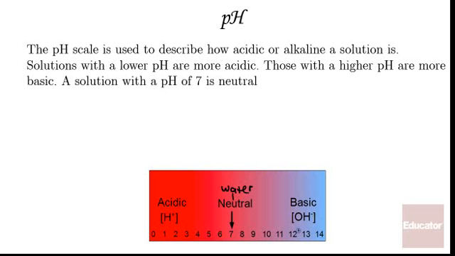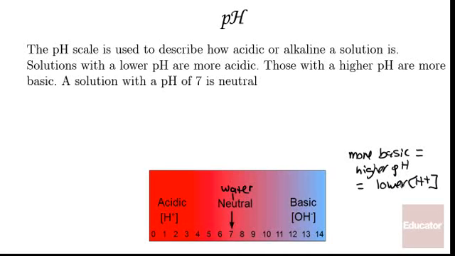If something is more basic, or alkaline, that equals a higher pH, which equals a lower concentration of hydrogen ions. So hydrogen ions move in the opposite direction as the scale. Less hydrogen ion concentration, more basic, higher pH.